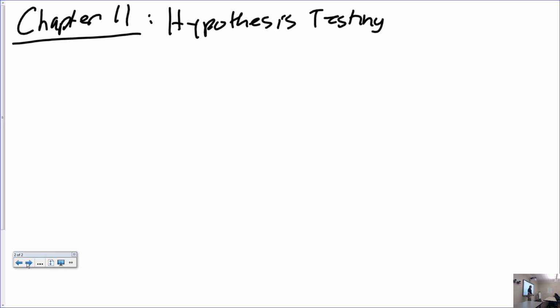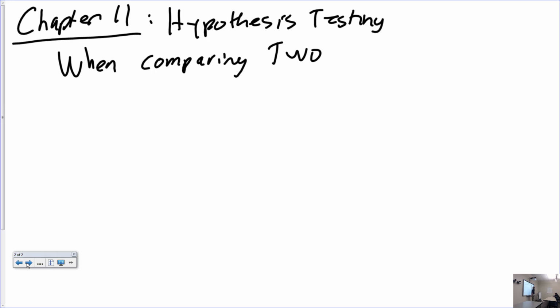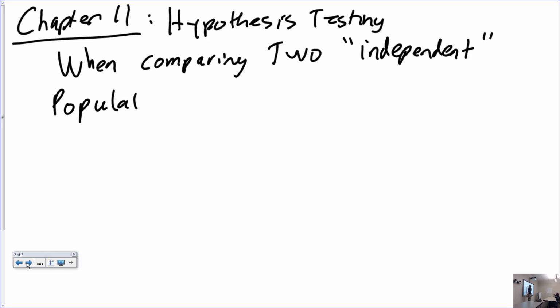Still going to be hypothesis testing, but now instead of hypothesis testing on one population, we are now going to be comparing two independent populations.